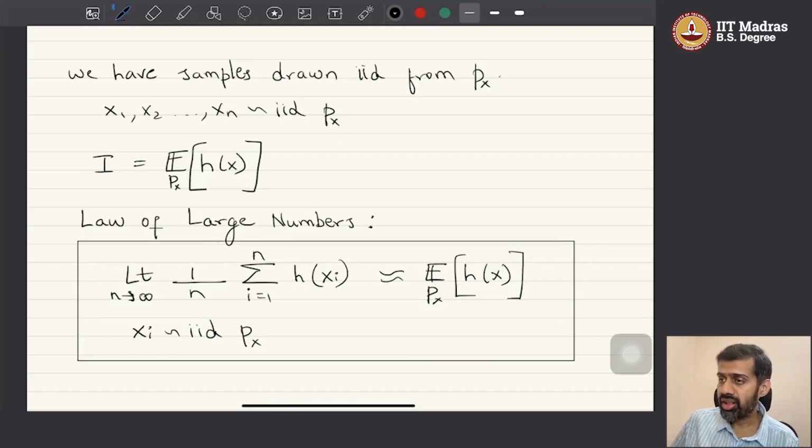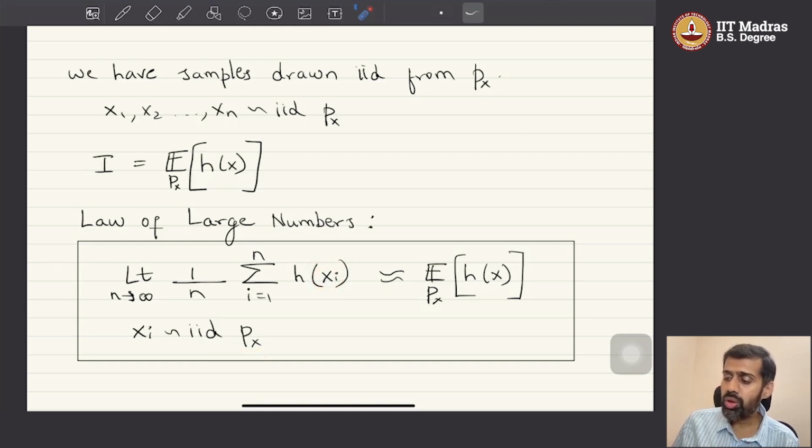So this is one powerful result that is used often in machine learning. The true expectation of a function of a random variable with respect to an underlying distribution can be approximated using the sample averages, where the samples are actually coming from p(x). Note that if these xi's are not coming from p(x), this is not true.